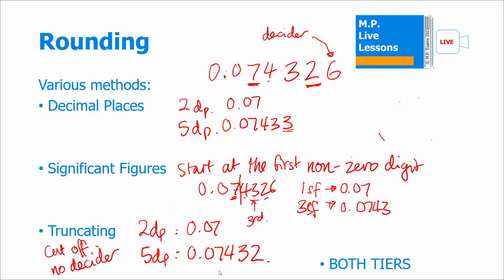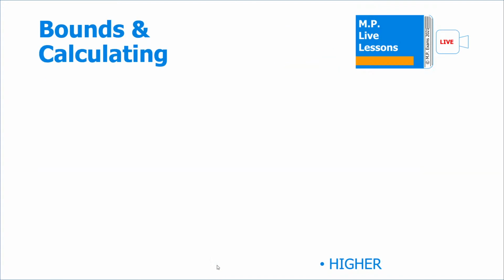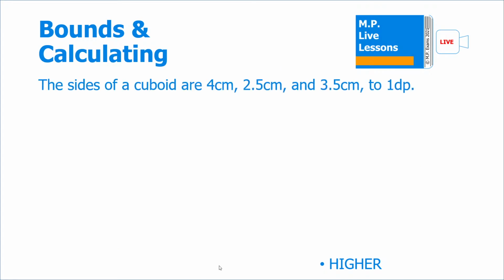Now, when you round something, you lose a bit of accuracy. So for higher tier, they need to deal with calculating bounds. For example, the sides of a cuboid are 4 centimeters, 2.5 centimeters, and 3.5 centimeters to 1 decimal place. The bounds for each are, let's label this the length, the width, and then the height.